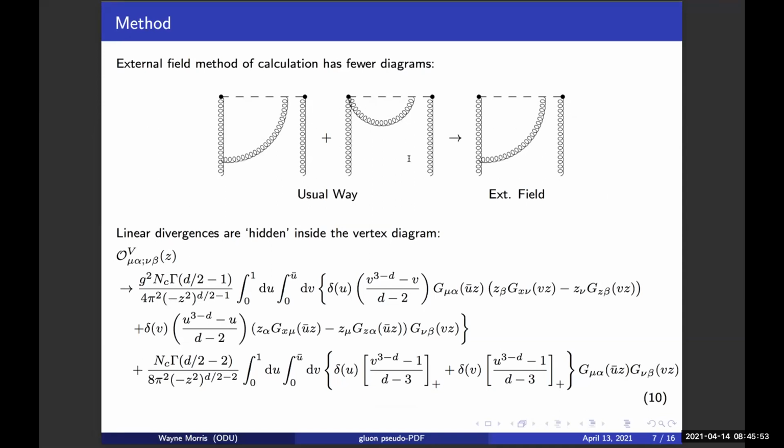But these are both represented by this single graph that we just called the vertex graph in our case. The major reason why I bring this up is because each of these graphs independently carry a linear divergence that just implicitly cancels in our case. And you can see the remnants of that with these 1 over d minus 3 terms down here. And this here is our vertex result, just with 4 open indices.